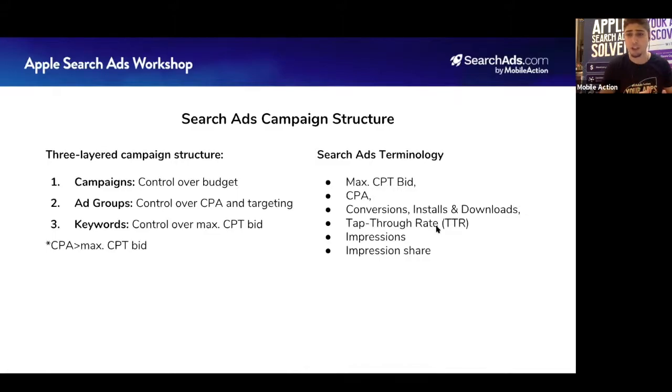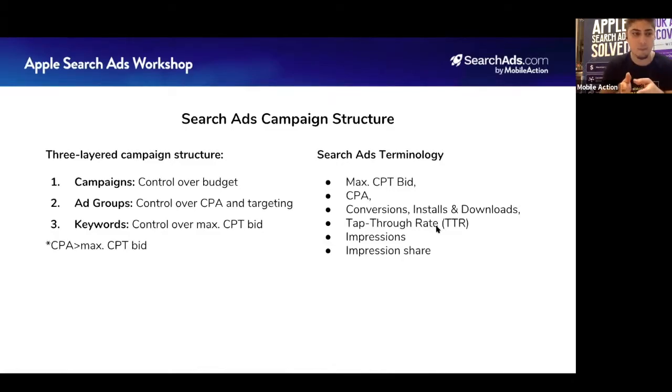And then we have impressions and impression share. Impressions are when someone searches for a keyword and your ad appears at the top. That's called an impression. Impressions are mainly decided by your bid, and also you have to be relevant to the keyword. Apple has its own algorithm for this.